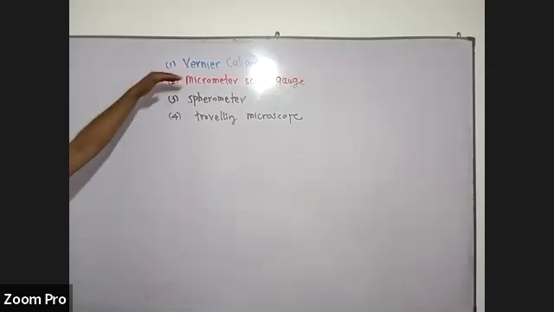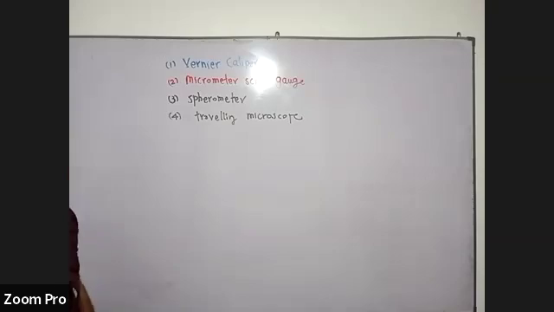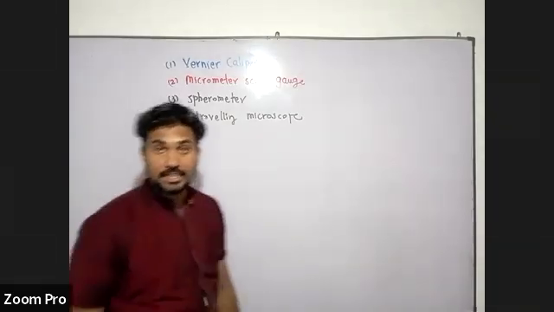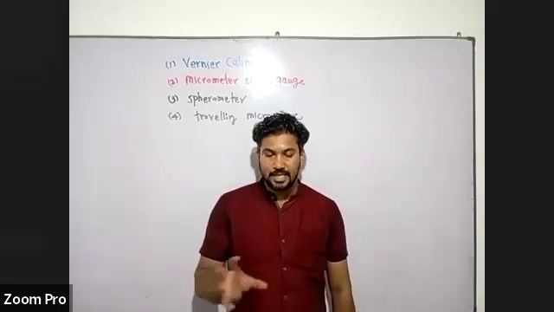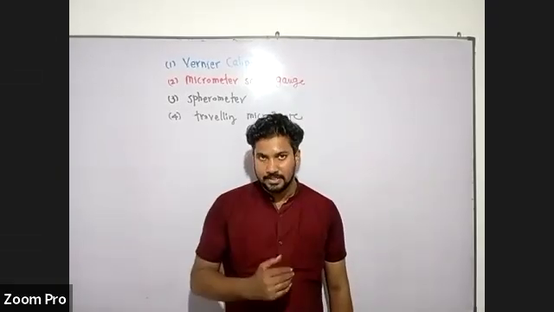Before we move on to discuss the vernier caliper, first of all, let's find out what is the meaning of vernier concept. Guys, all of these measuring instruments are based on a particular concept, right?